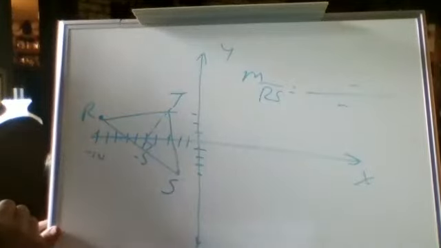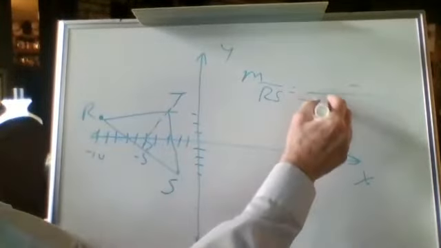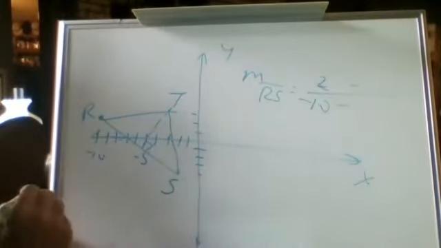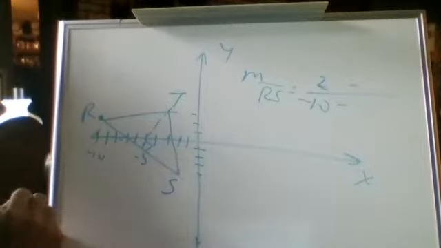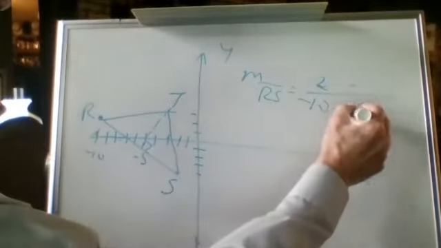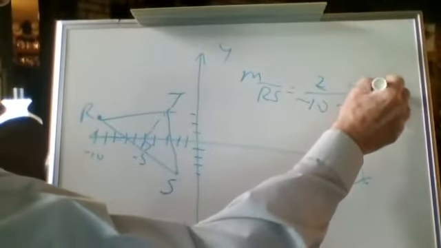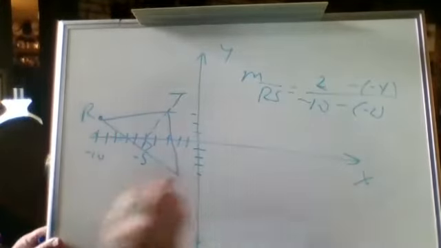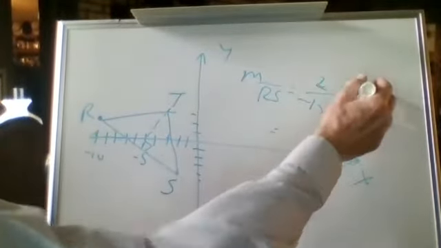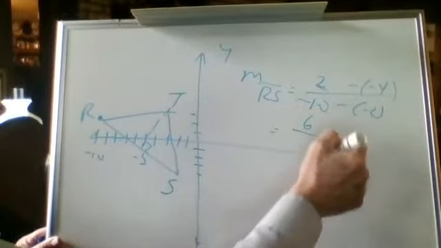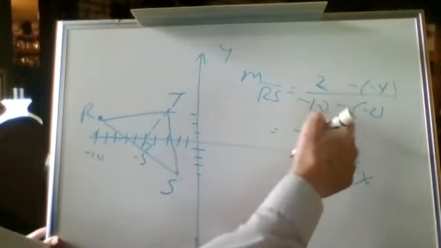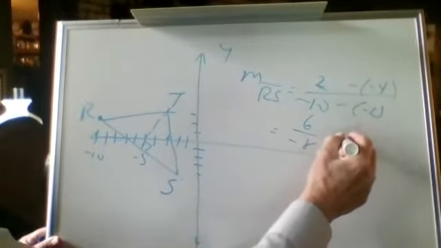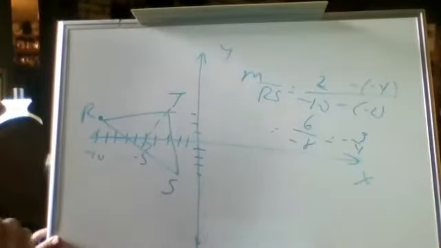R we said was negative 10 and 2, and point S was negative 2 and negative 4. 2 plus 4 is 6. Negative 10 plus 2 is negative 8. That reduces to negative 3/4. Okay.